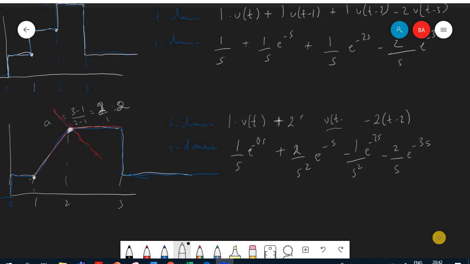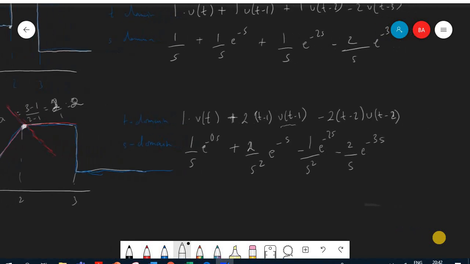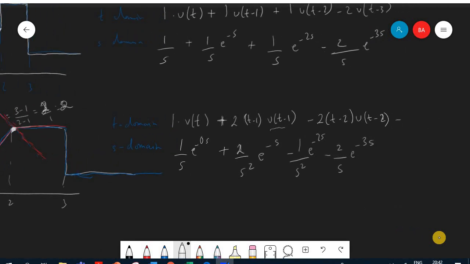It should be u(t minus 1). Now it's correct. And then the cancelling slope which happened at 2 seconds, which is u(t minus 2). Beautiful. And the end of it was just a step input of 2 units that happened at 3 seconds.